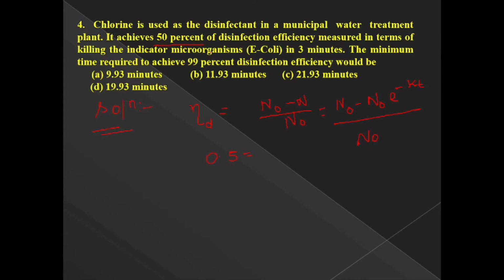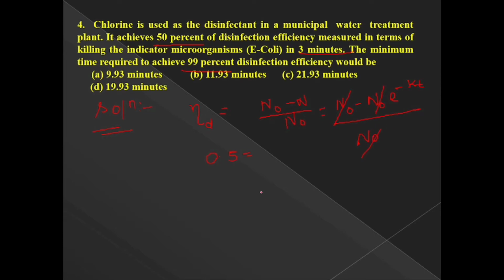But we have to calculate the minimum time required for 99% efficiency, and for 50% efficiency the time is given as 3 minutes. So N0 cancels out.